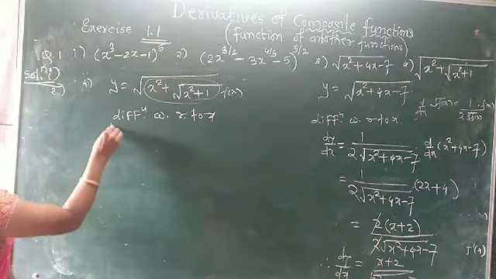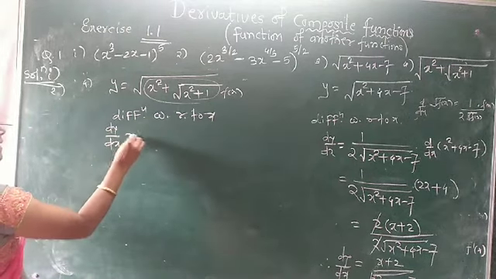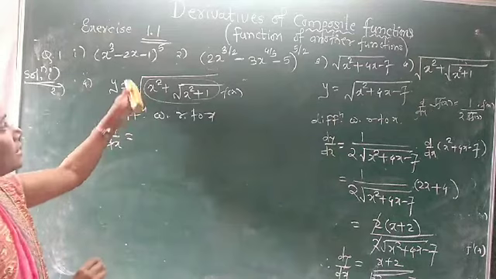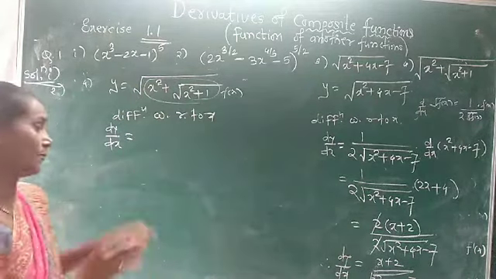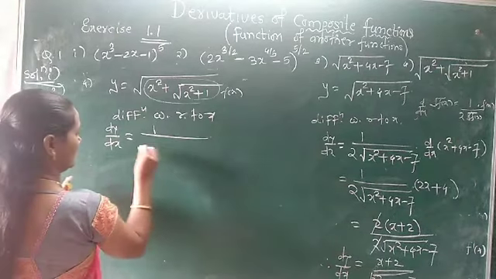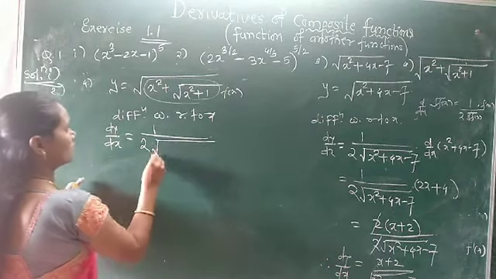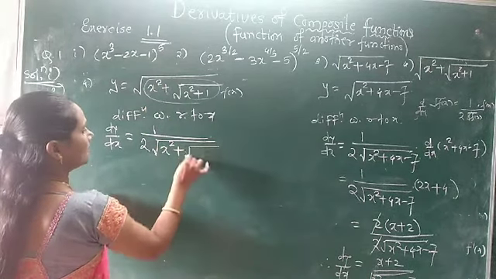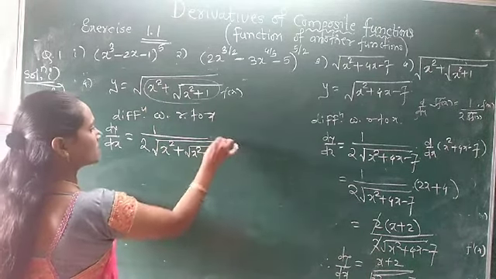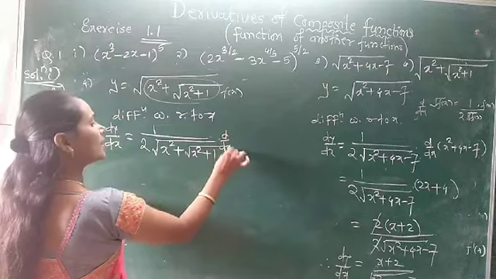So what is the derivative of y? Again it is dy by dx. Now the derivative of this root f of x is 1 upon 2 root f of x. Write it first: root of the function, root x square plus under root x square plus 1. Now the derivative of this function.